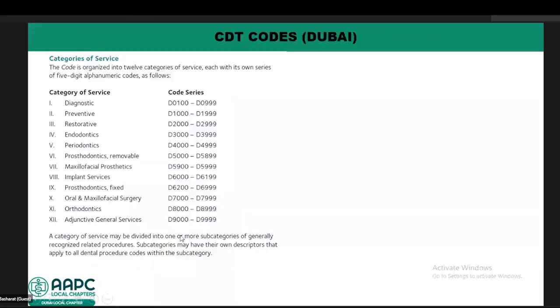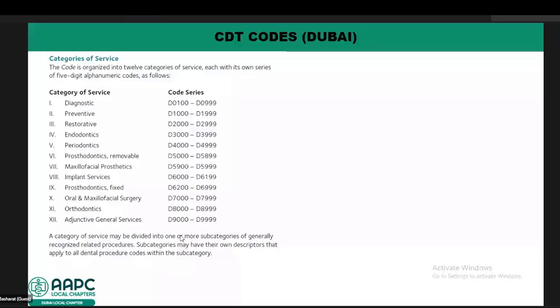Okay, so these are the codes we are using, the American dental codes. So what is the difference? The main difference is the first thing you will find in the American dental code is D. You will find the D in the beginning of all the codes.